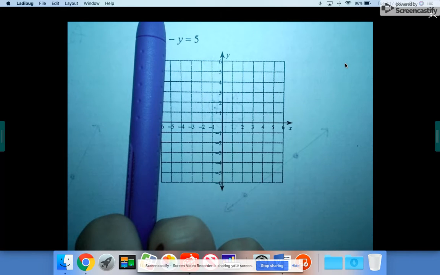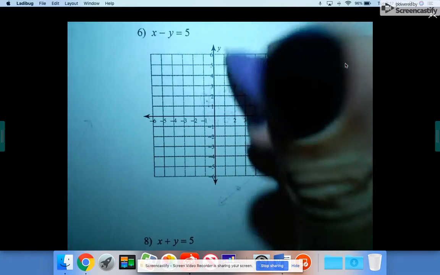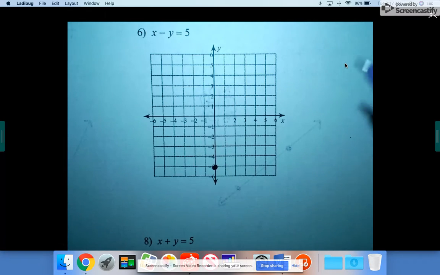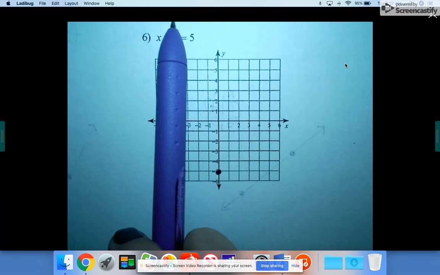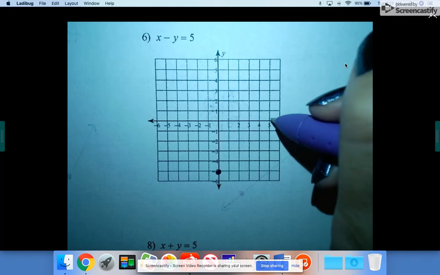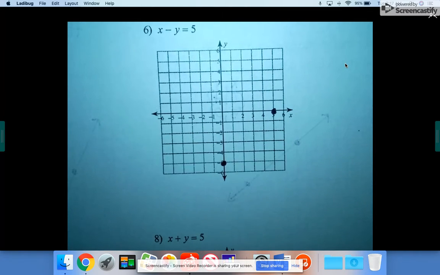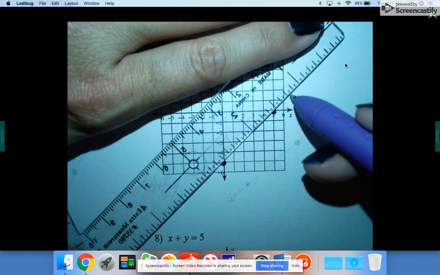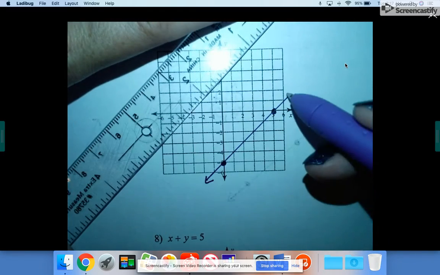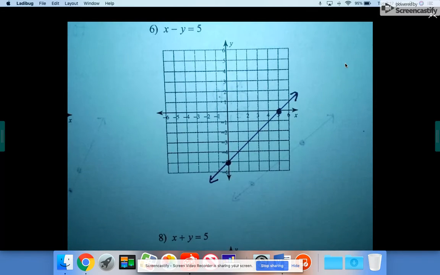So my y needs to be negative 5. Okay, x is just equal to 5. So that one's done. And again, make yourself a little mini table if I'm going too fast or if my cover-up trick doesn't work. Plug in zeros. You will get the same answers as covering them up.